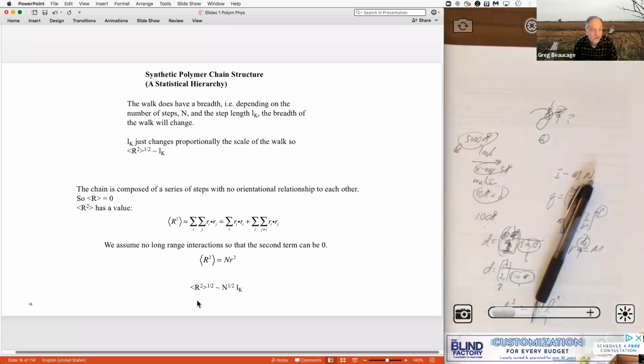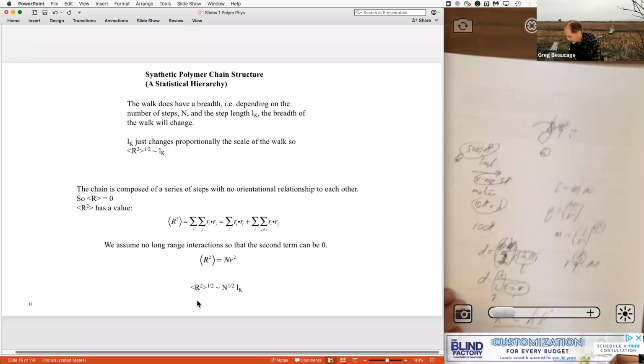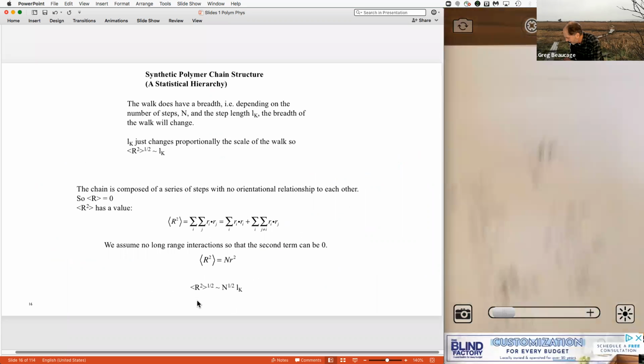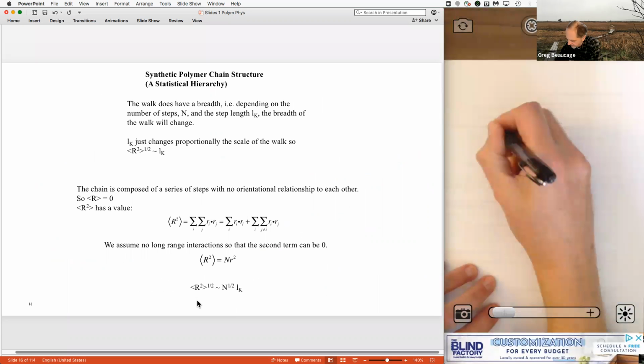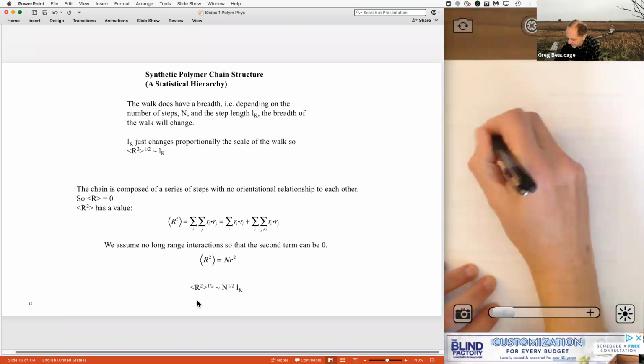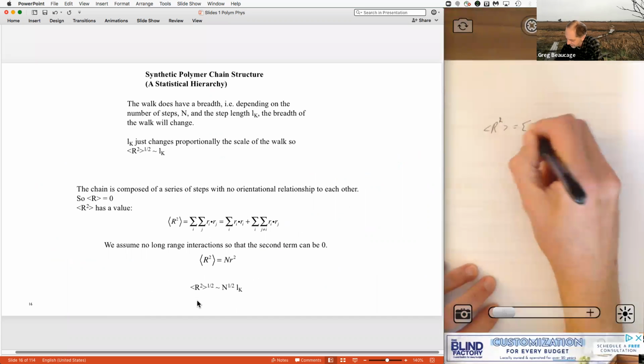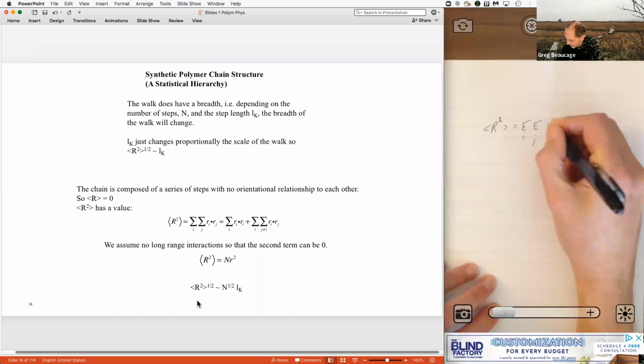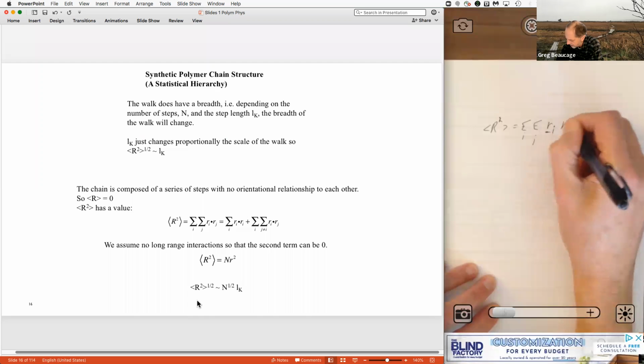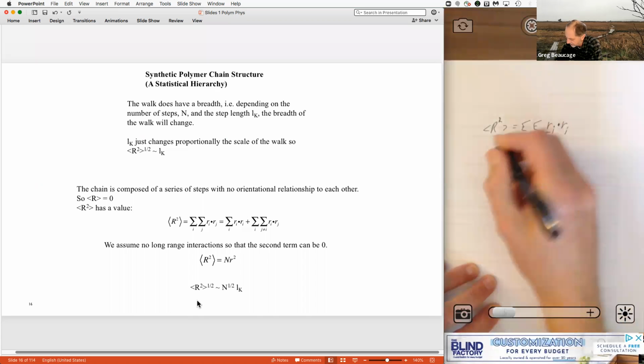So you can get this N L squared pretty quickly mathematically. The average R squared is the sum over all the steps in the chain, on two points, i and j, with two vectors, Ri and Rj, and the dot product gives you this average R squared.